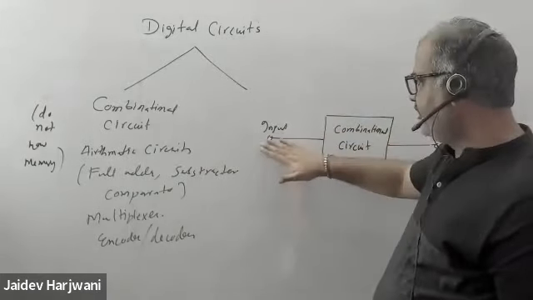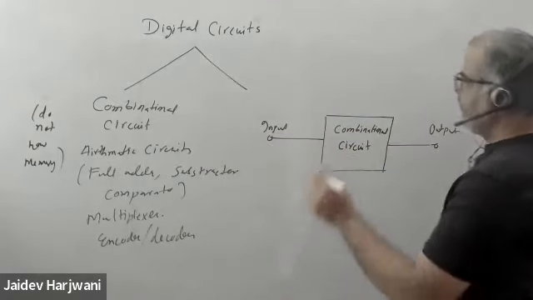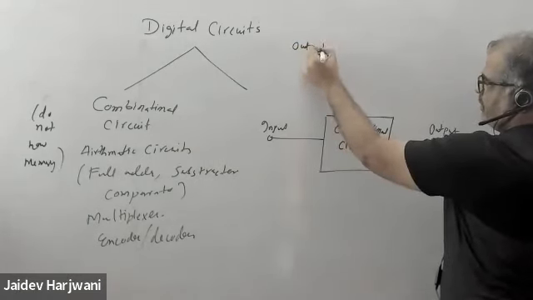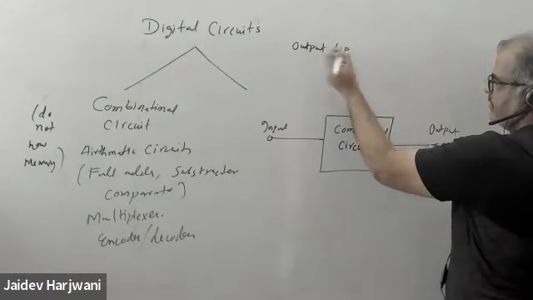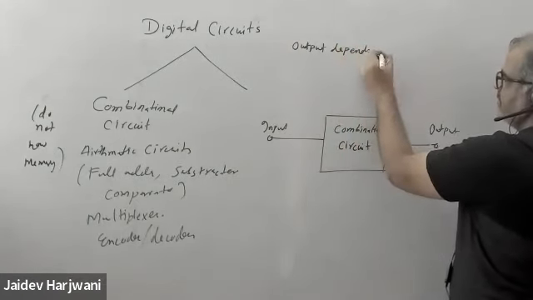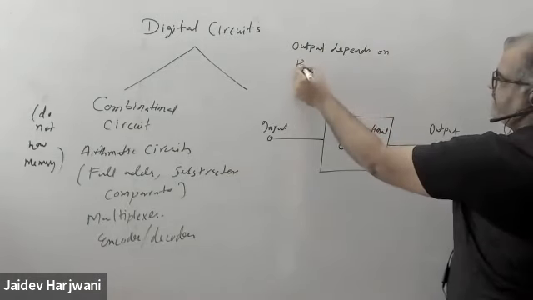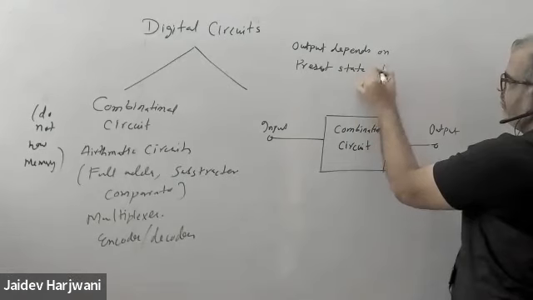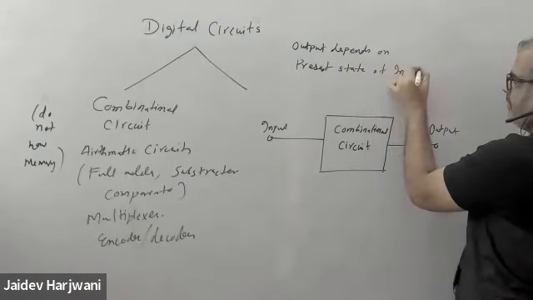So that kind of circuit, the output depends on the present state of inputs. This is your combinational circuit.